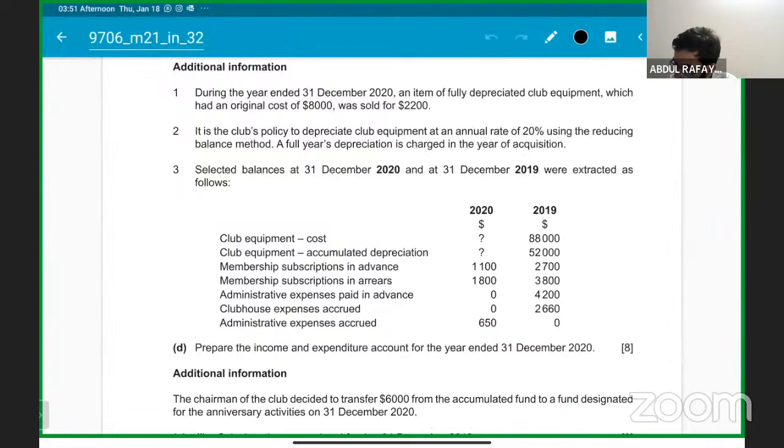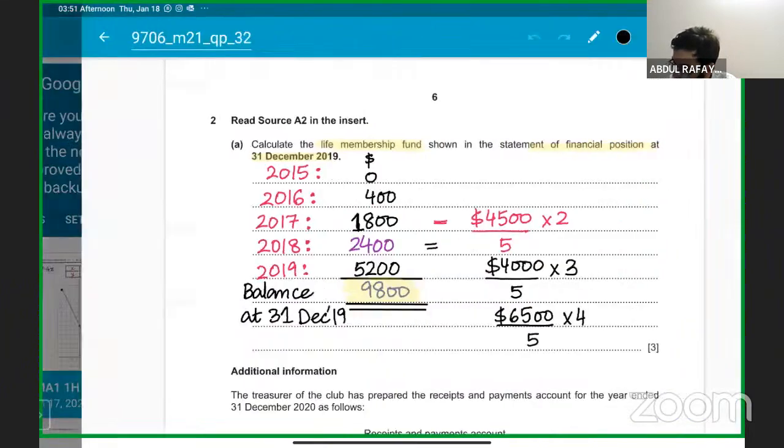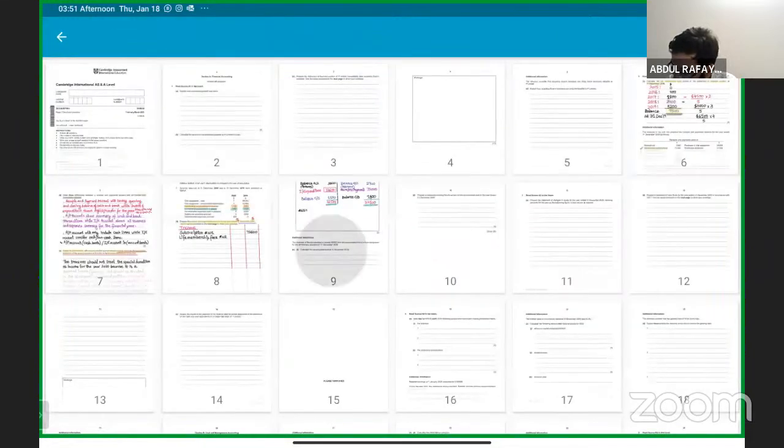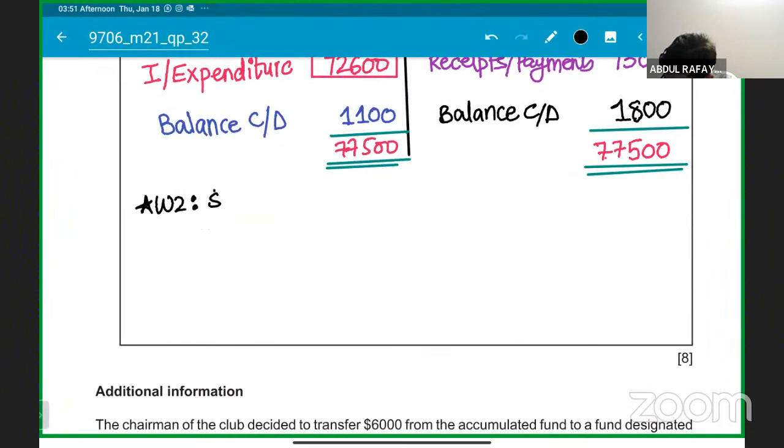So let me do it here, students. We have $2,000, we have $4,500, right? जिस साल जितनी मिली उसकी एक साल की इनकम यहाँ रिकॉर्ड करेंगे. 4500 is from 2016, 2017, 2018 की कितनी थी? $4,000.